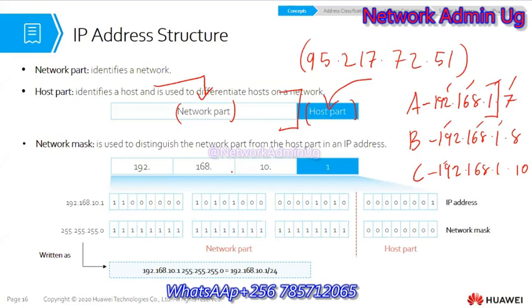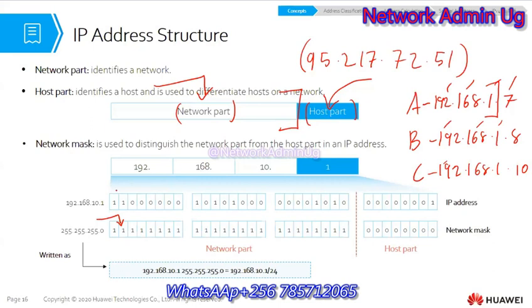How? When you convert it to binary, the network side is all ones, and the host side is all zeros.